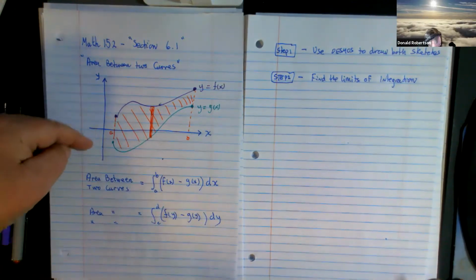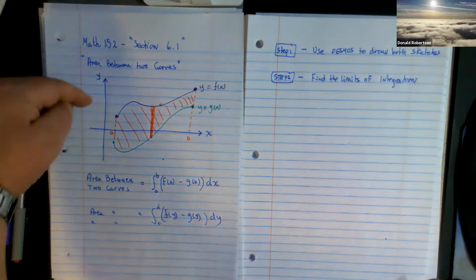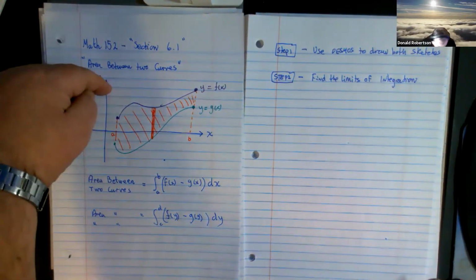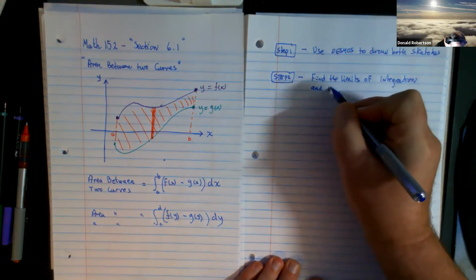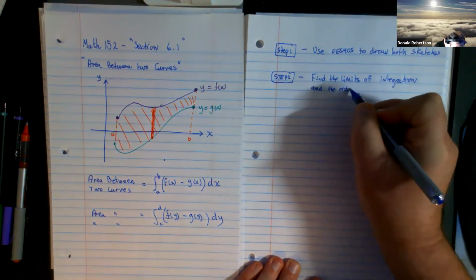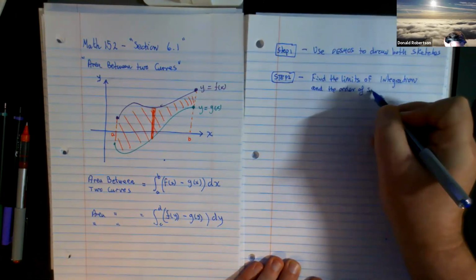Or if it's the other orientation, what values of c and d, the values in y that you start off? And the order of subtraction.